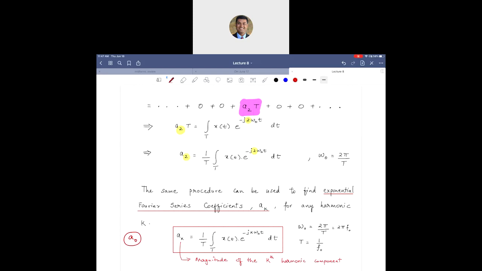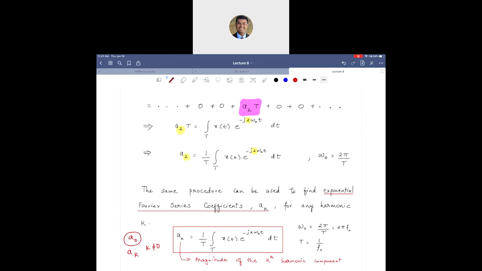So when you substitute 0, sometimes you will get an undefined form, 0 divided by 0. So try to find the coefficient a sub 0 first, which is the DC component, the average value of the signal x of t, and then find a sub k where k is not equal to 0, the general answer. So try to break it up into 2 steps. First find a sub 0, then find a sub k where k is not equal to 0.